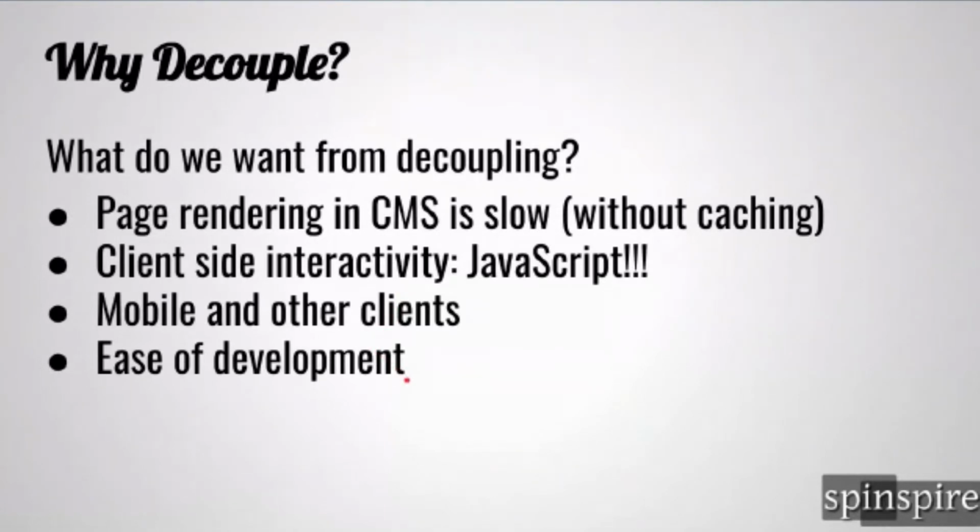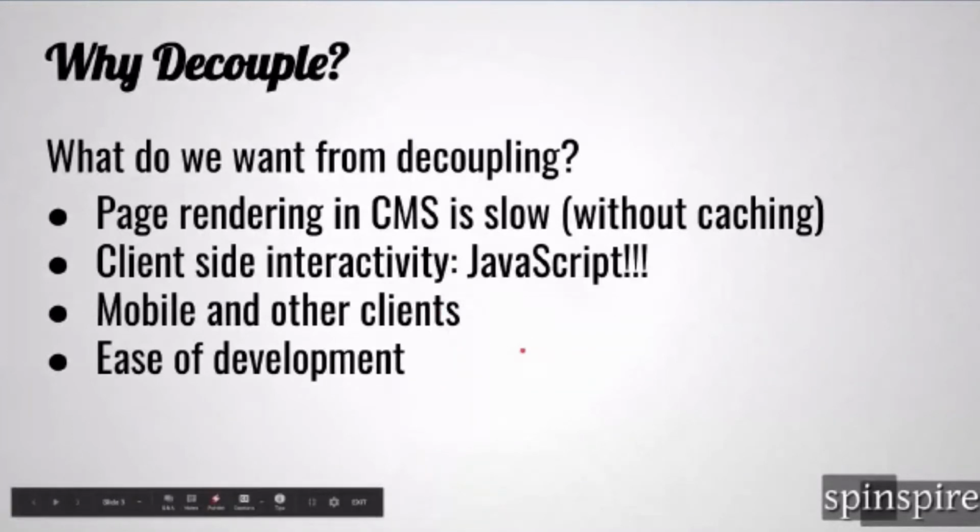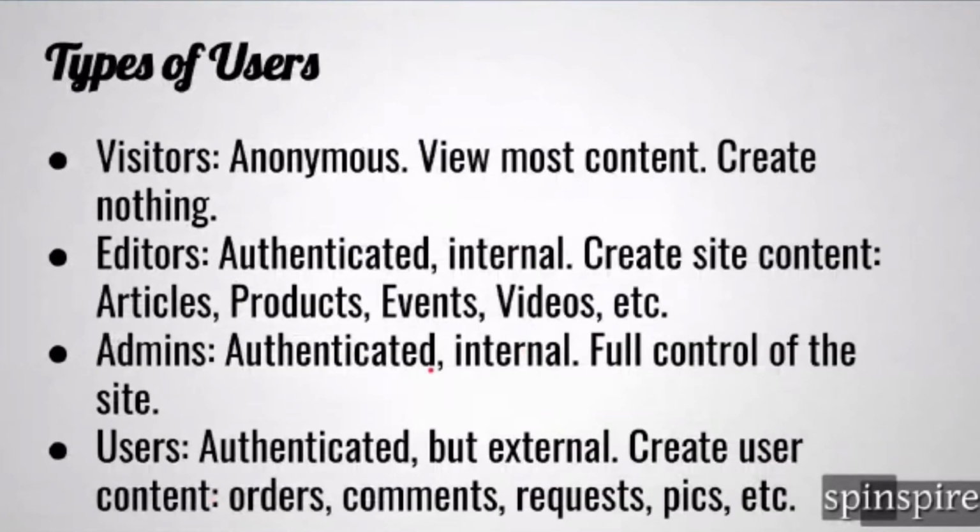I'm sure you all have been in a situation where you wanted to modify something on the page and you couldn't because you didn't know where exactly in the rendering layers you had to do it. So sometimes it is easier to implement such features outside the CMS. Outside the CMS also means ease of development, which means cheaper development. You're saving money in your development budget.